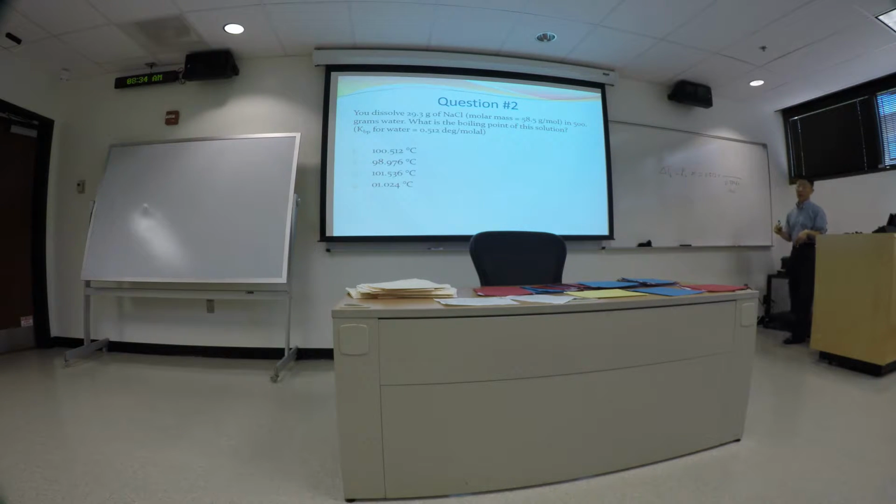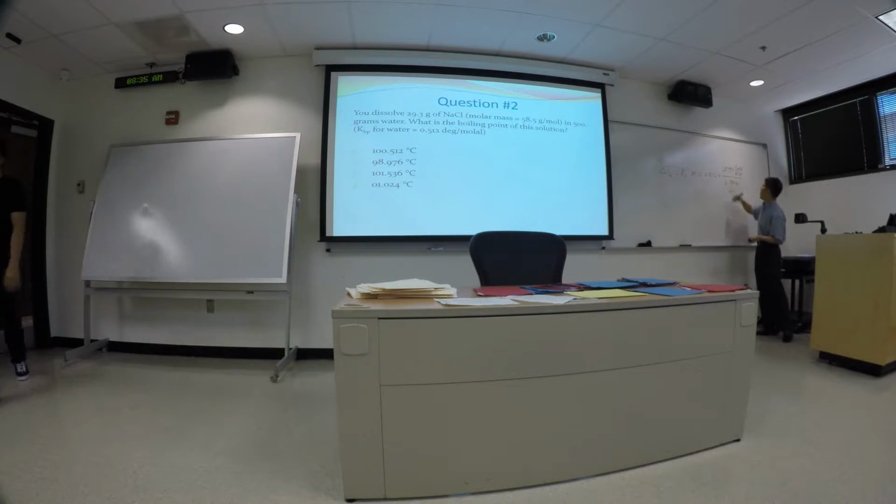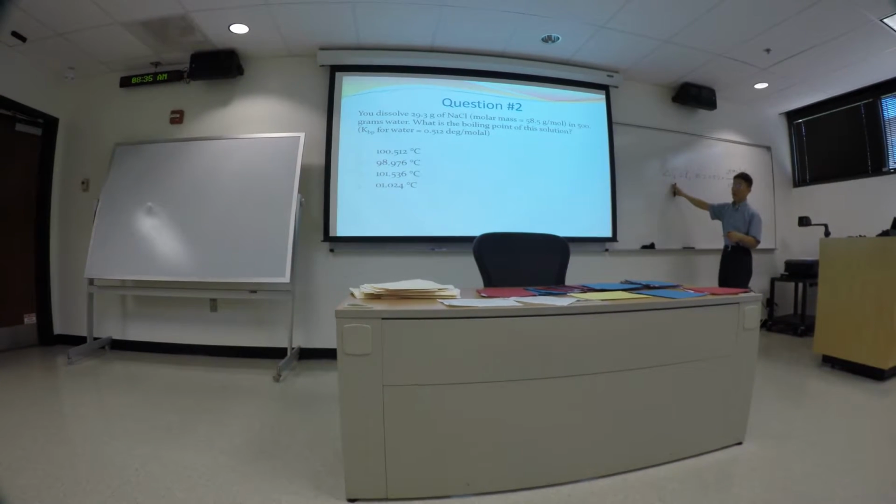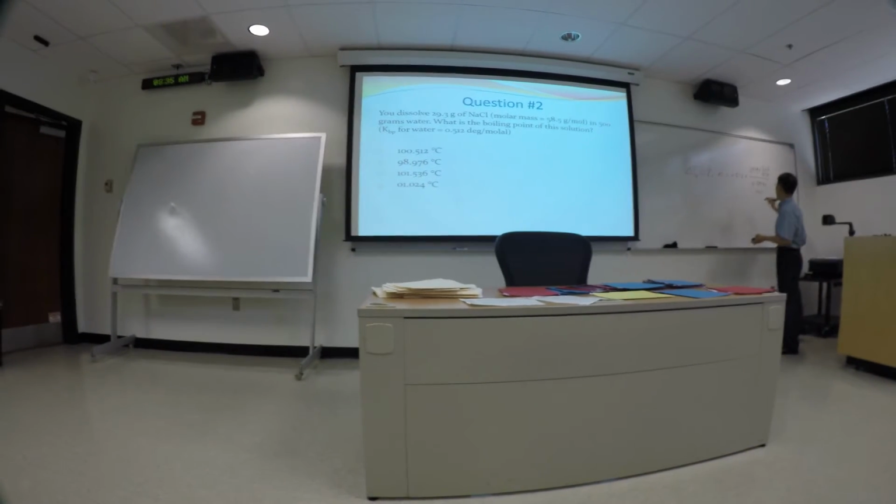And then moles of solute: we have 29.3 grams of sodium chloride. Each mole is 58.5 grams. Through this calculation, you can see gram and gram cancel out, and you get moles per kilogram.